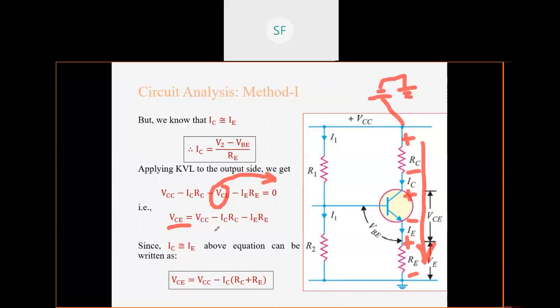Now again we know that here you can see ICRC and IERE, but we know that IC and IE are approximately equal, right? Because this method 1 is nothing but approximate analysis. Why is it called approximate analysis? Because we have approximated that base current is 0. So when your base current becomes 0, IC will be equal to IE. So I am replacing this particular IE by IC.